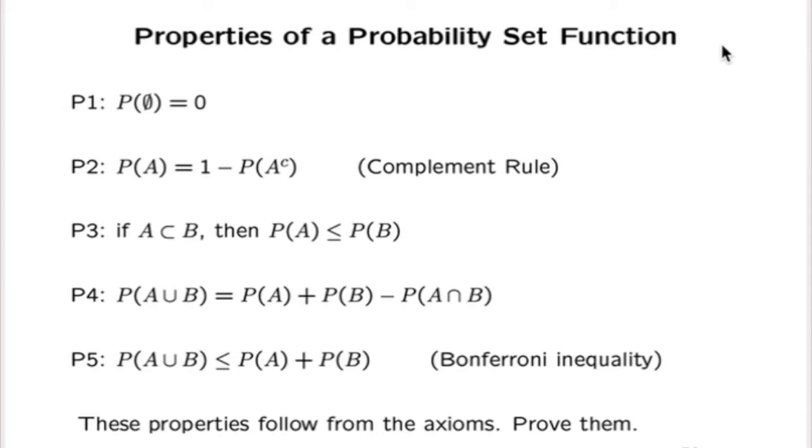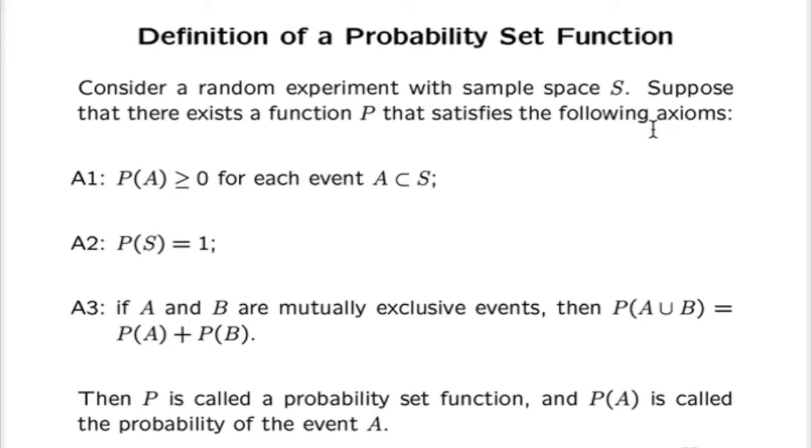Okay, so what kind of properties does a probability set function have? Well, I've got 5 properties listed here, and there are more as well that we'll see as we go on. But these are some of the more basic properties that we can derive and prove based on the axioms on the previous slide.